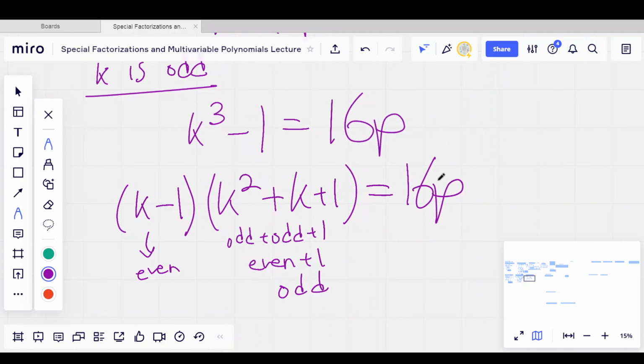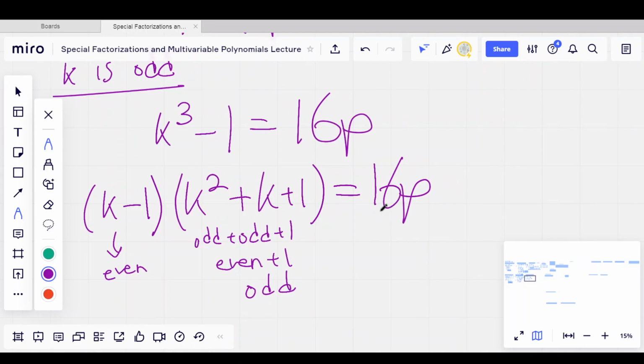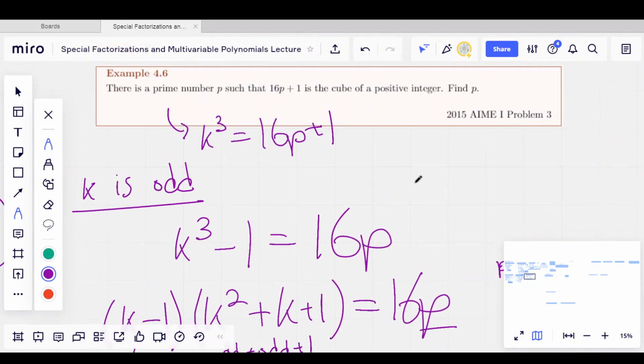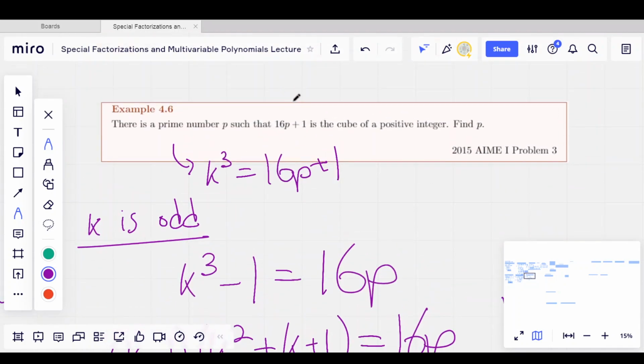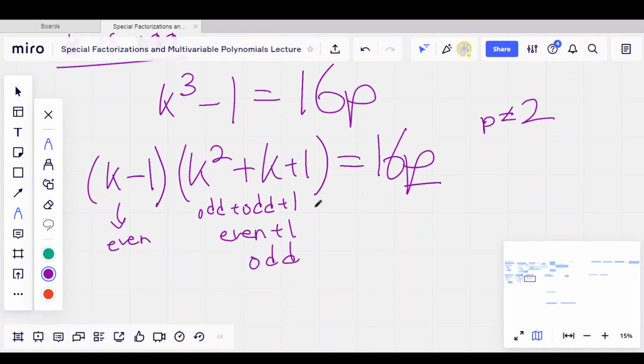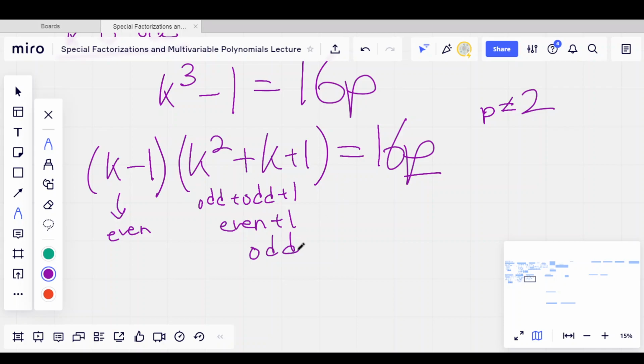Now look at the right-hand side, because you have this 16, and p is prime. So p is obviously not equal to 2, because if p is 2, then 33 would be a cube of a positive integer, which is not true. So p is odd. So in order for this to be odd, this must be equal to p, and this must be equal to 16.